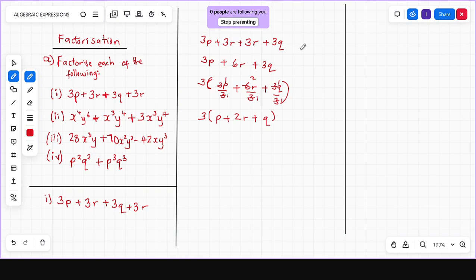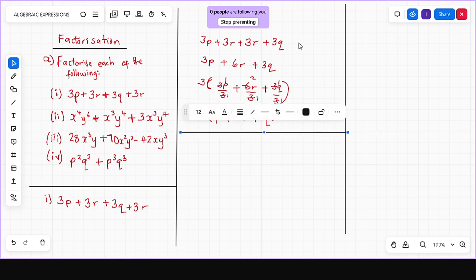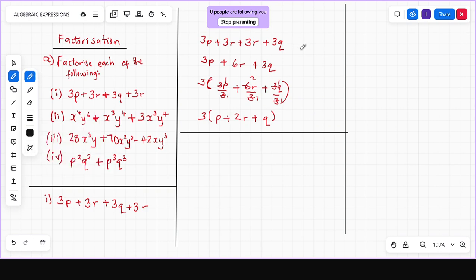The first example. Now go to the second example. The second example we have, let me use another ink, x raised to power 4, y raised to power 6 plus x raised to power 3, y raised to power 4 plus 3x raised to power 3, y raised to power 4.